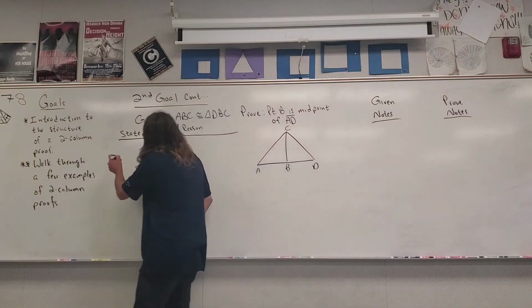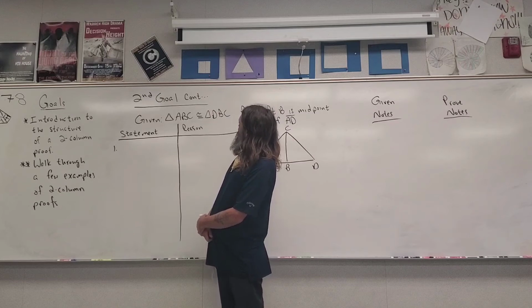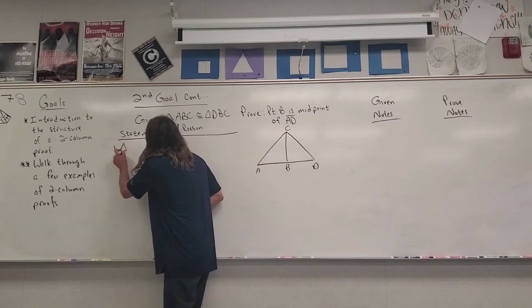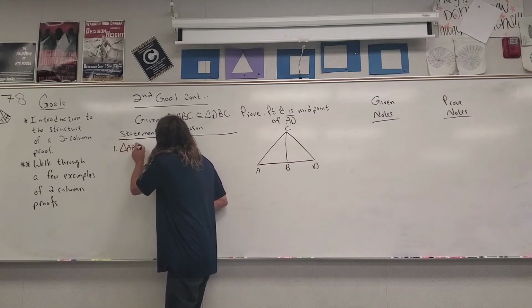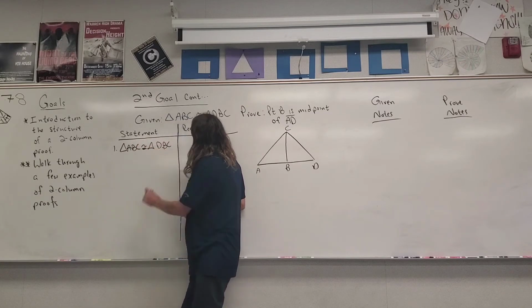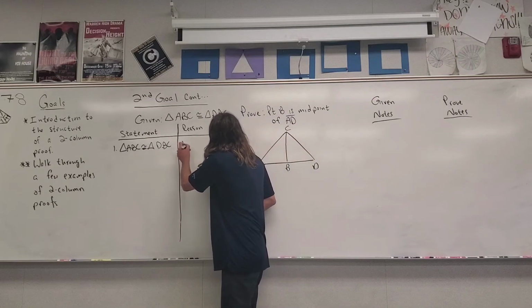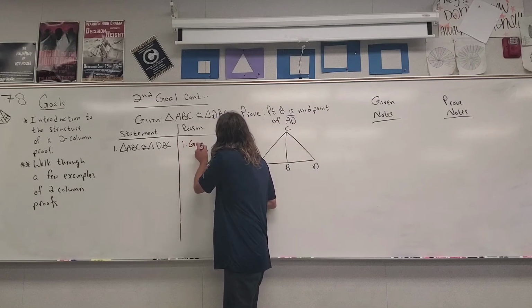So given to us is that triangle ABC is congruent to triangle DBC. And I can make this statement. I know it's true because that's what was given. Right?